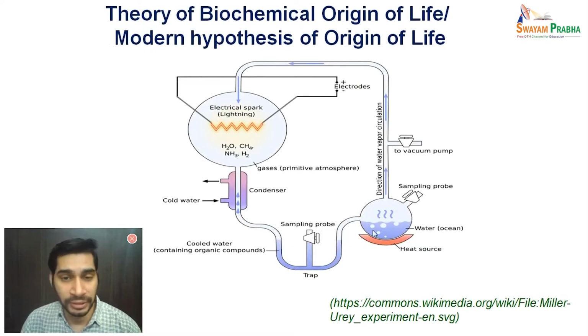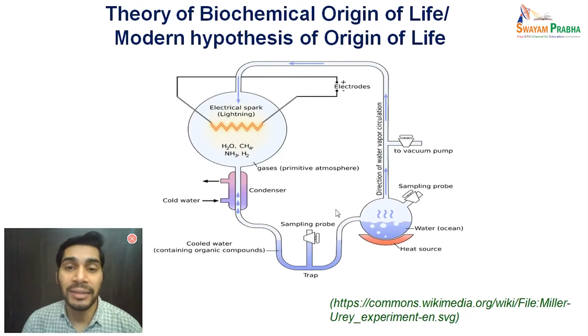Remember, if you heat the water, which resembles the primitive ocean, so you provide heat here, the water vapor circulates or moves through this path, and under the effect of this electric spark, which shows the kind of lightning effect, the primitive atmosphere composed of water, methane, ammonia and hydrogen, when these molecules get condensed or cooler, if you take samples from here, you can see the simple molecules which we just discussed: the simple amino acids, the hydrocarbons, the fats and simple carbohydrates.